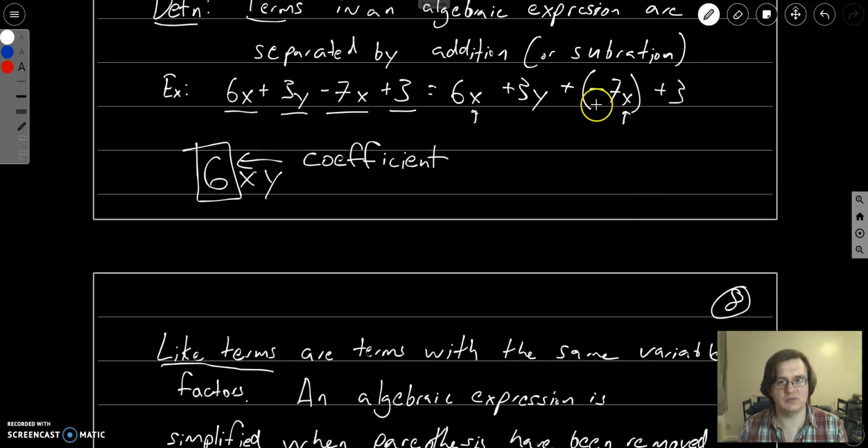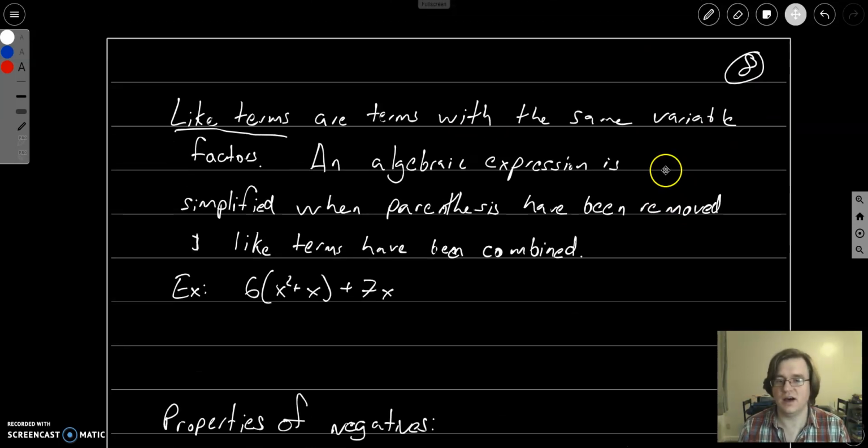So these are like terms, and they're not like terms with anything else. This has a y in it, and this 3 has no variables here. So the second term, 3y, is not a like term with anything else, nor is the last term. Only the first and third terms are like terms.